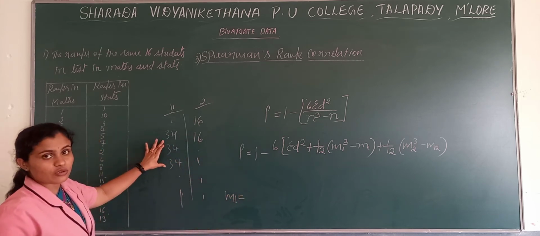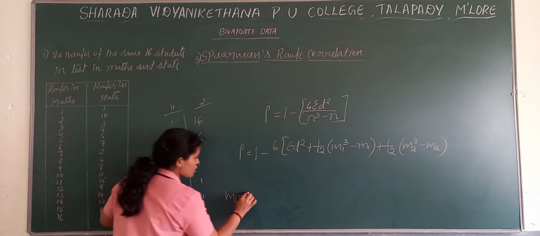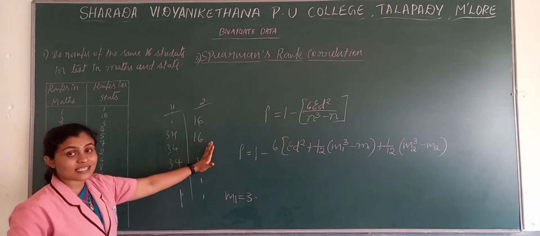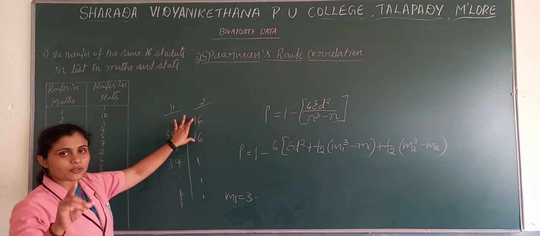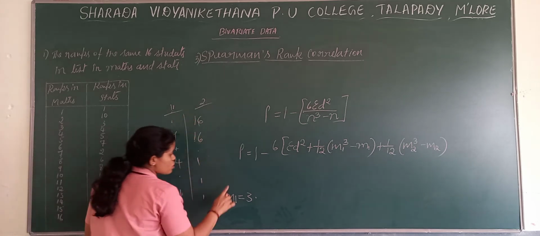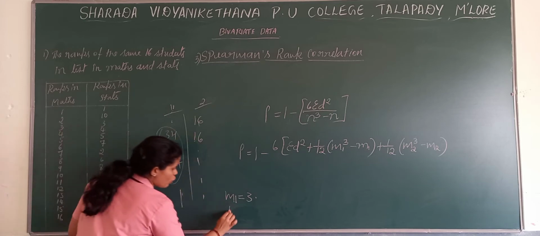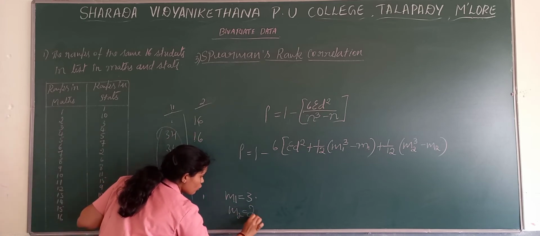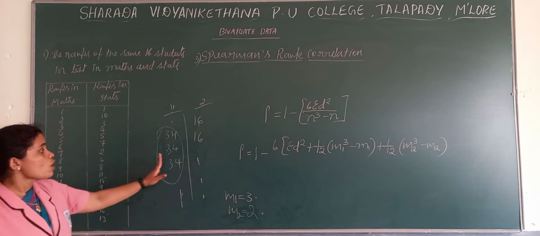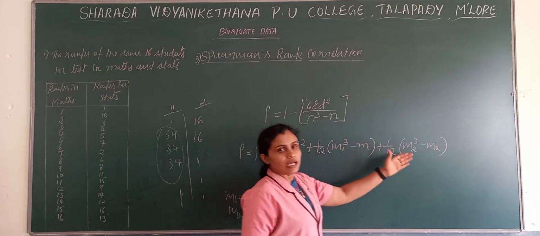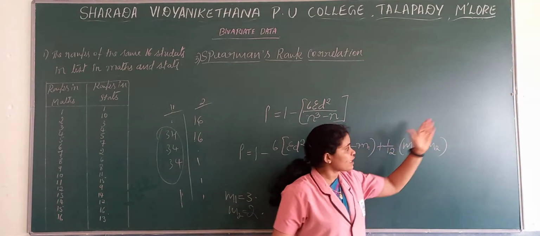M1 is how many times the first value repeats, that is 3. Then the next value which repeats is in the second series, 16, repeating twice, so that is m2. If values repeat, we take them as m1, m2, and if one more value repeats, then m3.